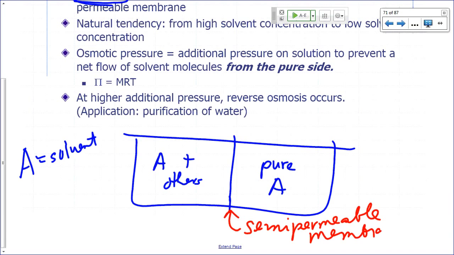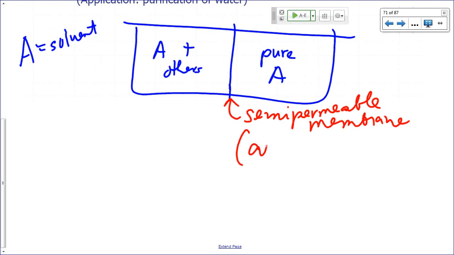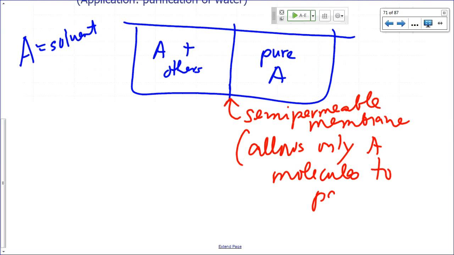By semi-permeable, we mean it allows some molecules to pass through, but prevents others from passing through. So we're going to say that this is permeable only to A, allows only A molecules to pass. Okay? So what's observed in a situation like this?